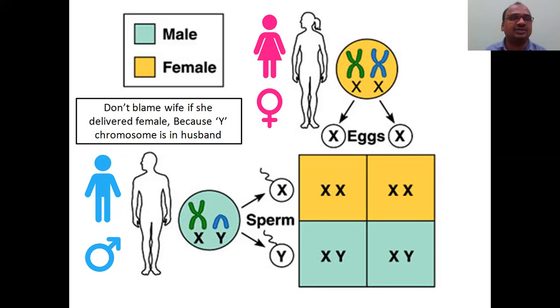Don't say like that. That's why I wrote here, don't blame the wife if she delivered a female, because the Y chromosome is never in the female. If you give a Y, then a male will come. If you give an X, then a lady baby will come.